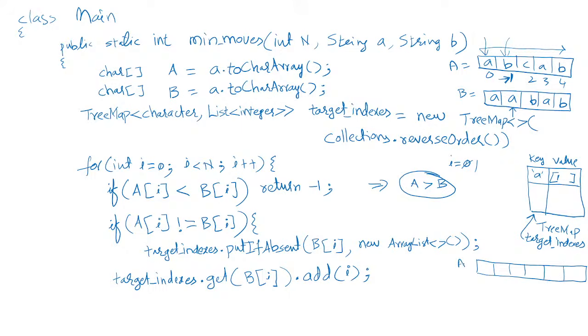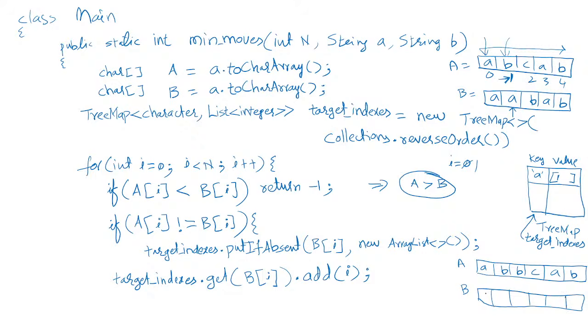Assume the string is A, B, B, C, A, B. I'll take one example, only for one character, to show how you will get multiple index values in this array list. It is similar for the others.